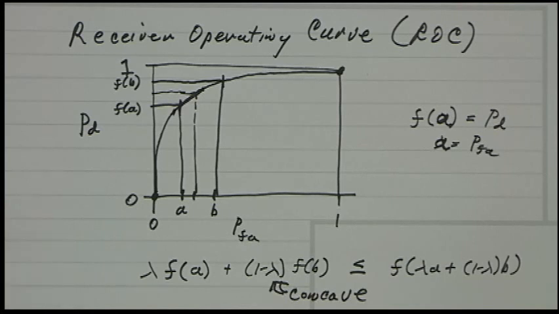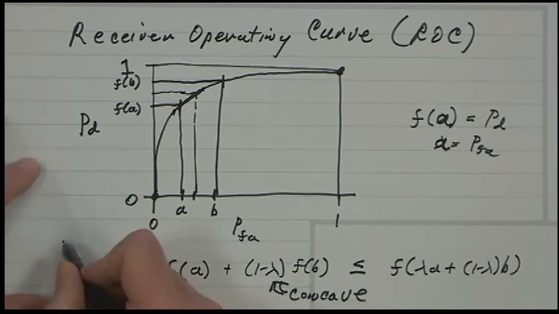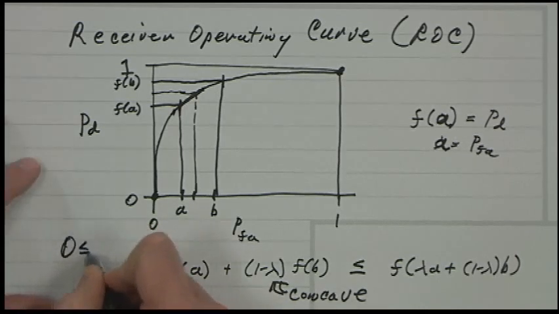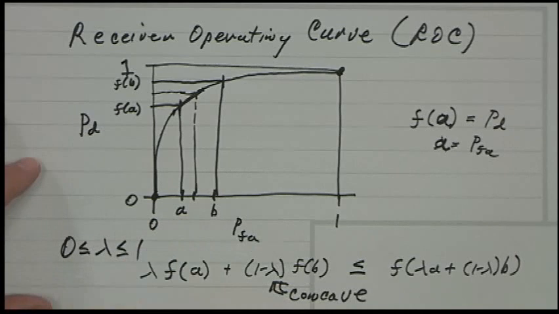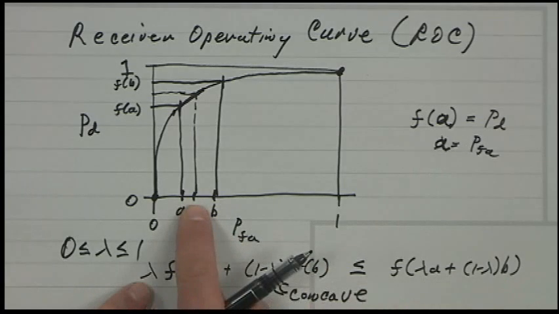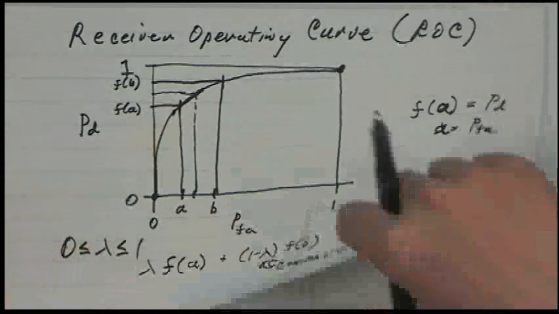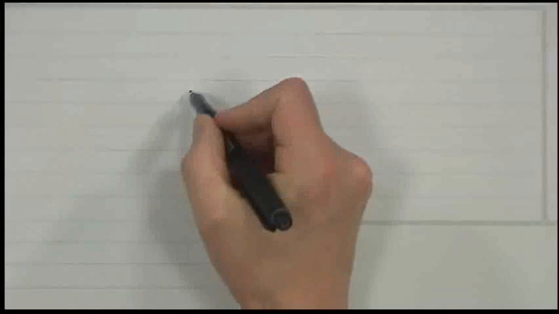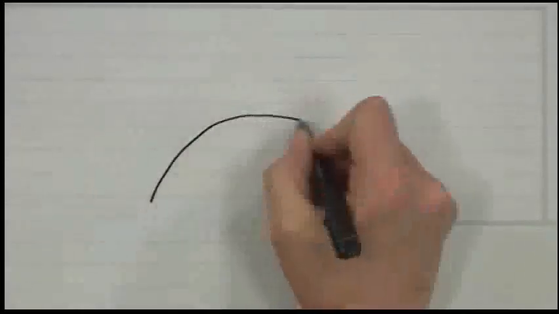Oh, lambda is any value between 0 and 1. In other words, you're taking a convex combination of A and B. That puts you at some point in between. So the value of the function, let me draw this a little more carefully because it's not zoomed in enough. Let's say that's a concave function, right?